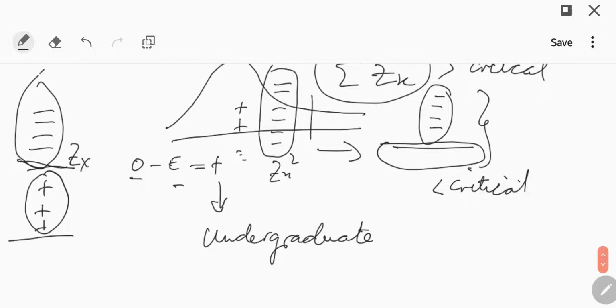So out of them, one such test which I'm trying to look at is the next one, the standardized deviations test.